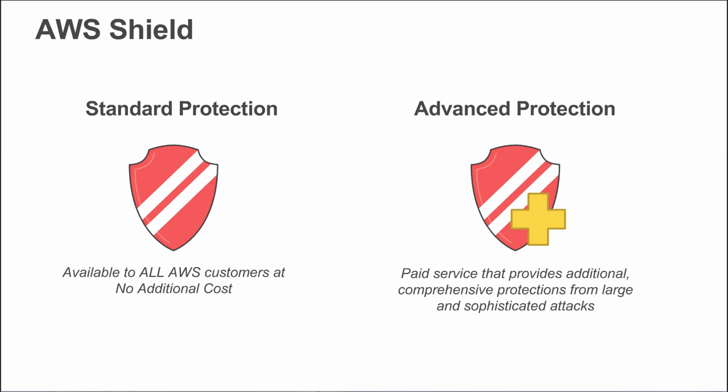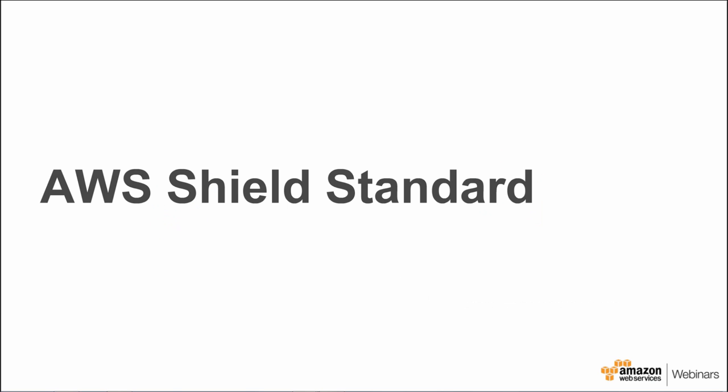The second tier of protection is the advanced protection. That is a paid service that you can optionally subscribe to that provides additional comprehensive protections from large and sophisticated DDoS attacks. Let's look at what each of these tiers of service offers. Let's look at Shield Standard first.